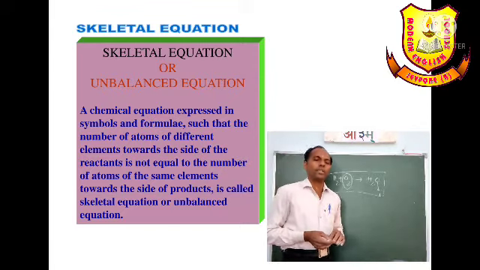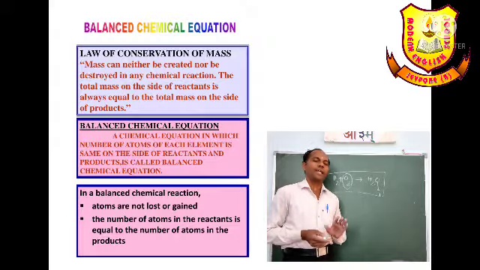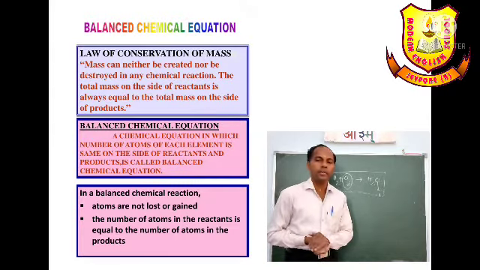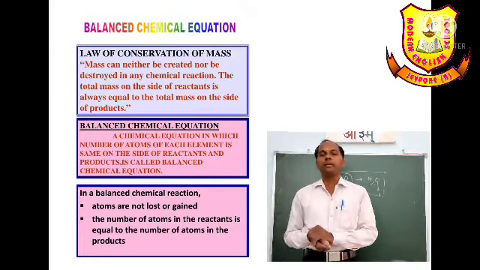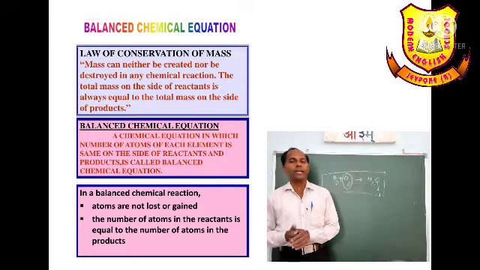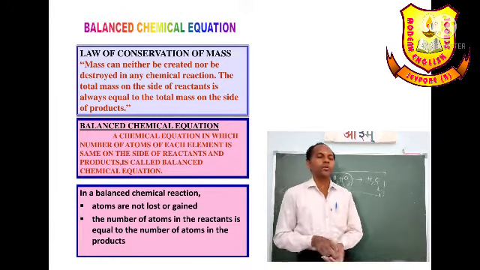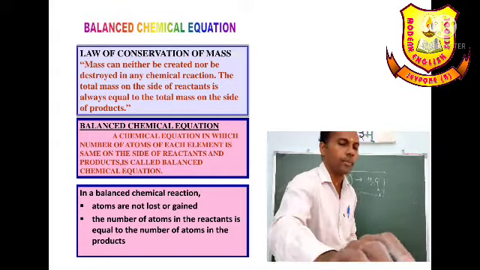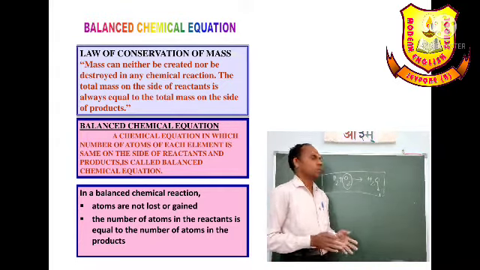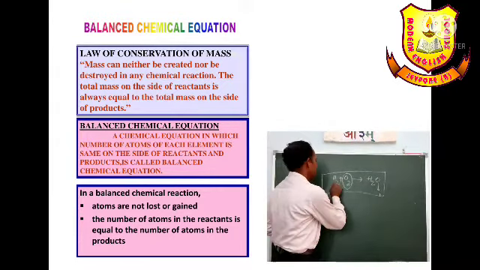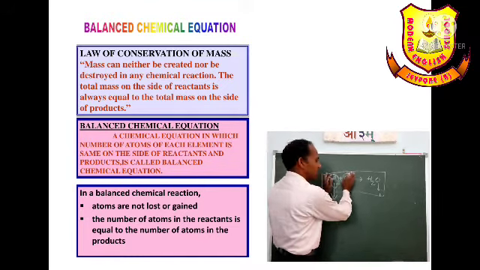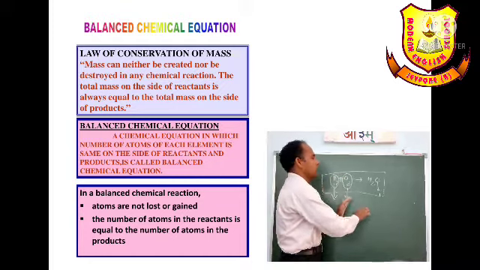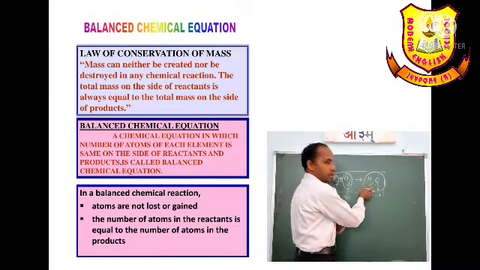What is the law of conservation of mass? Mass can neither be created nor be destroyed in any chemical reaction. The total mass of the reactant before the reaction is equal to the total mass of the product after the reaction. So here the mass of hydrogen plus the mass of oxygen in the reactant side is not equal to the mass of water in the product side.